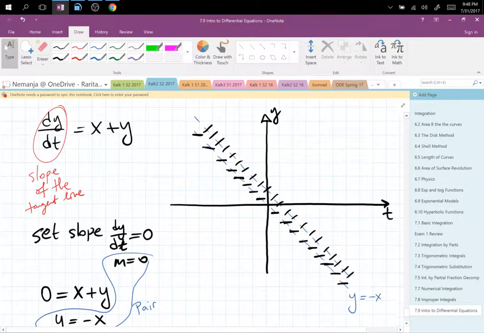So now we have the isocline that is going through 2, at 45 degrees. And now our slope is 2, which means it's more slanted than before.